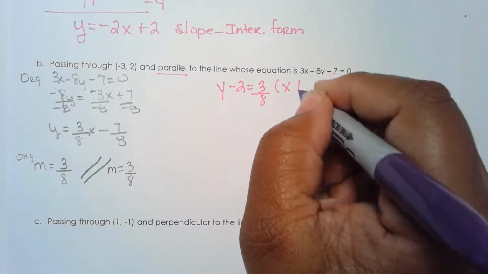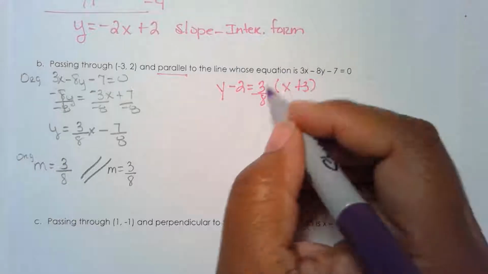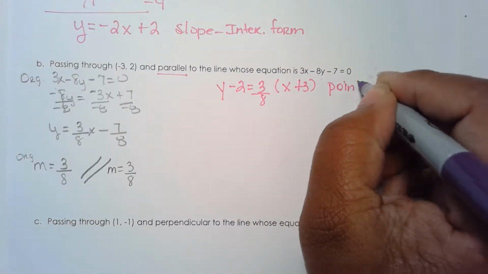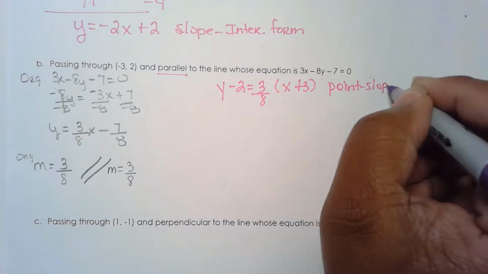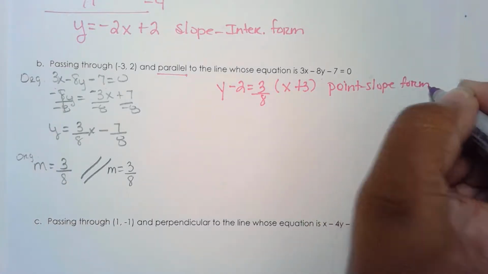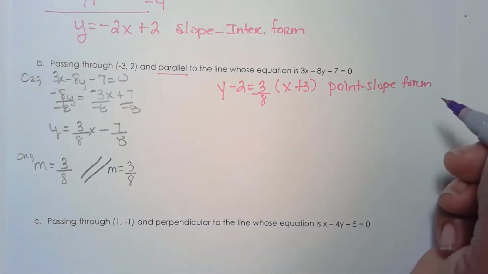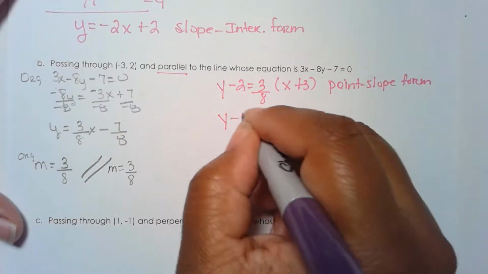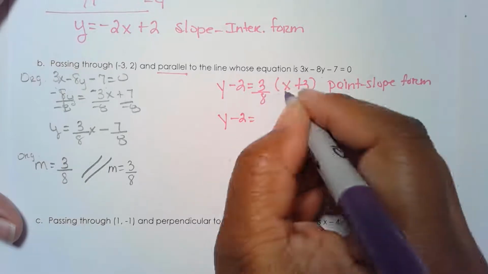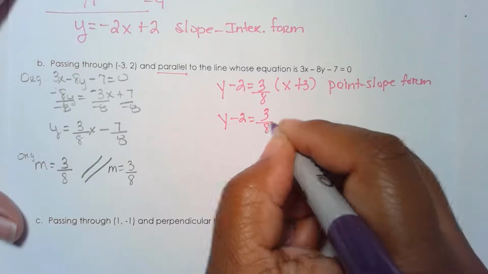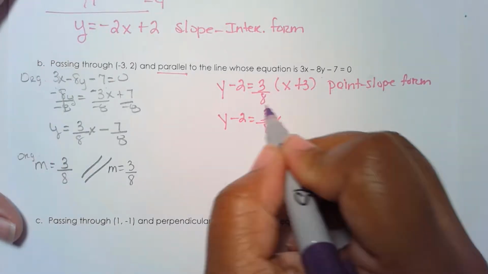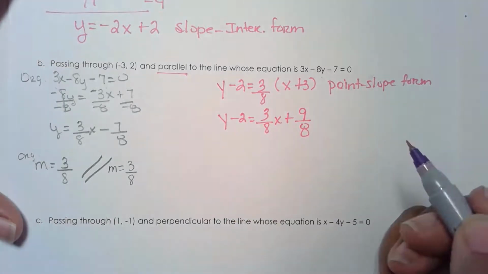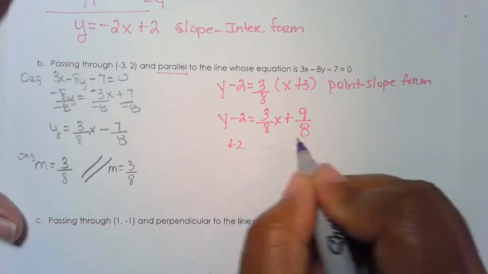That becomes x plus 3. This is point slope form. Then let's distribute the 3/8. So we have y minus 2 is equal to 3/8x. Then we have 3/8 times 3, that will be 9/8. Then add 2 to both sides.